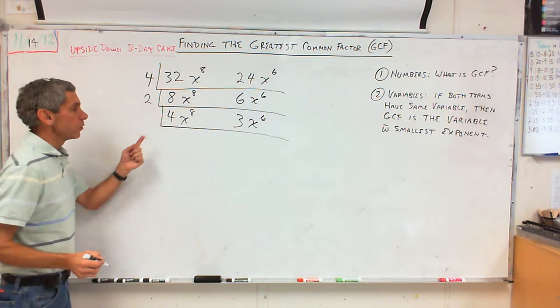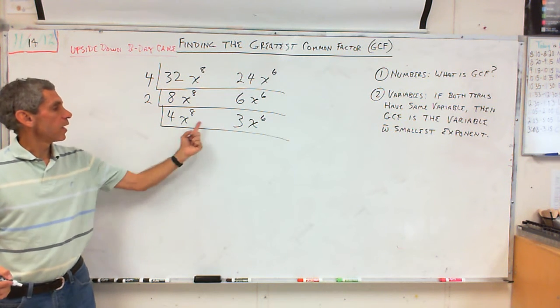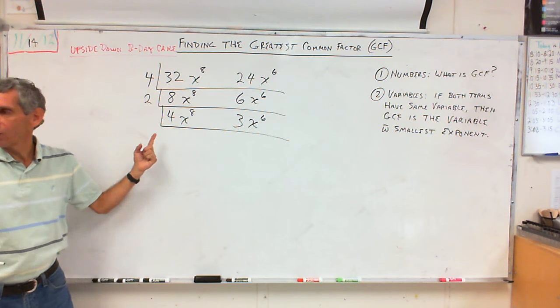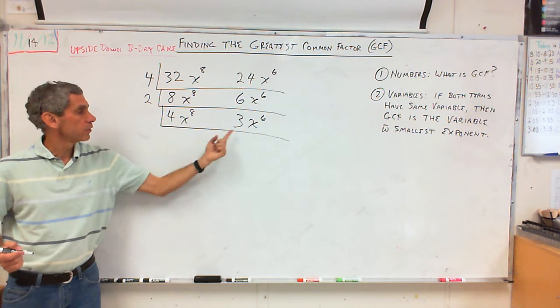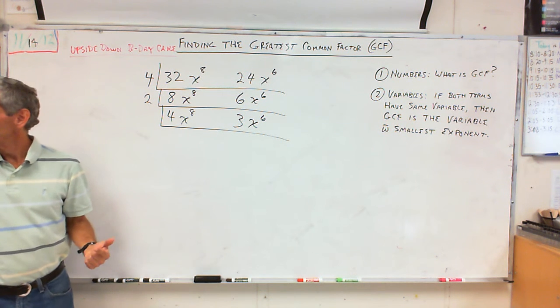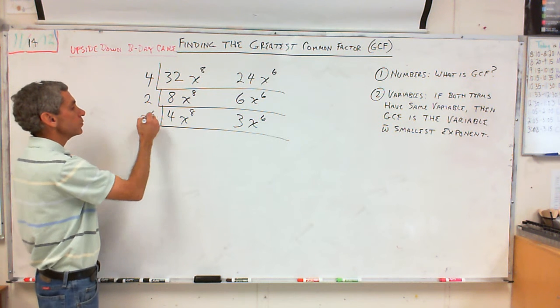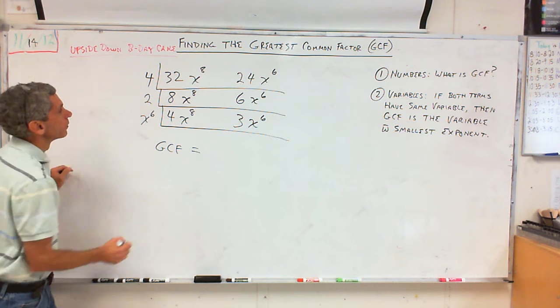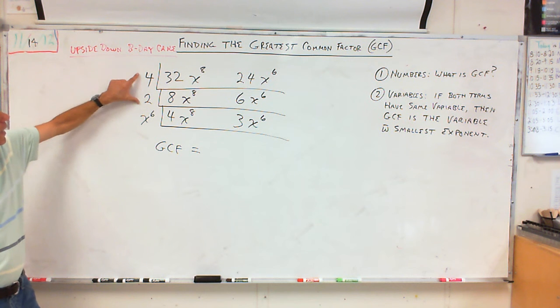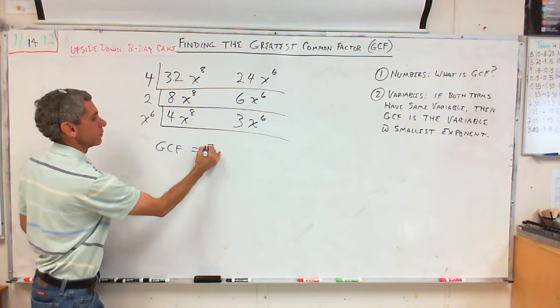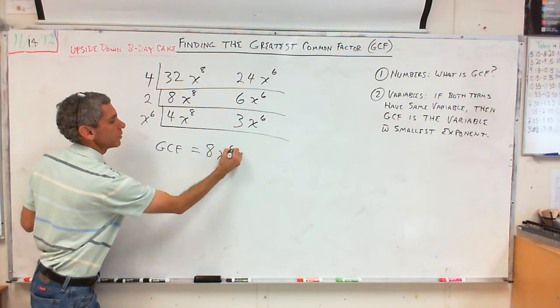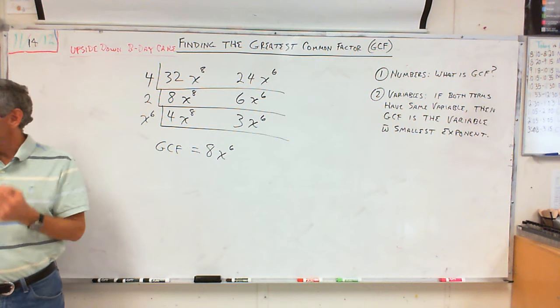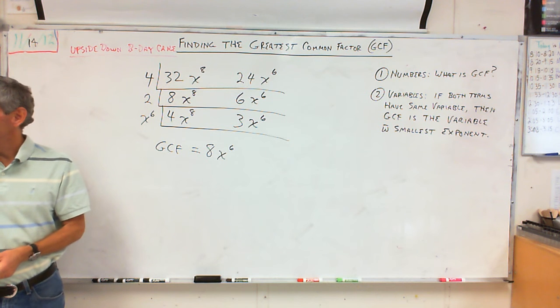No. I'm done with the numbers, but I'm not done with the variables. What's the greatest common factor of the variables? X to the 6th. So my greatest common factor is 4 times 2 is 8, so 8x to the 6th. Pretty straightforward, right? Makes sense.